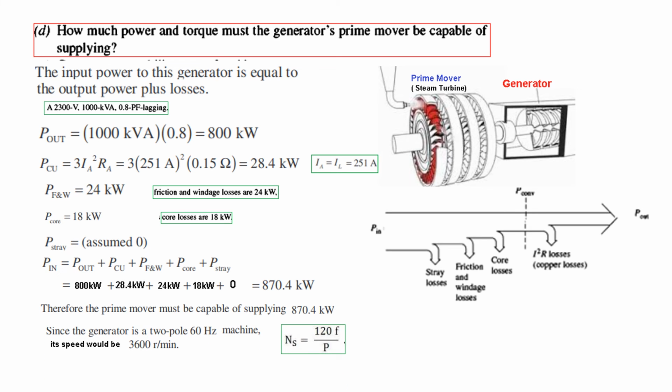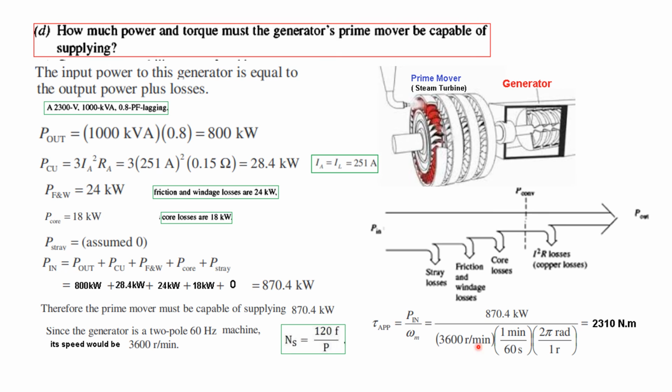Since the generator is a 2-pole, 60 hertz machine, its speed would be 3600 if we follow this formula: 120 multiplied by 60 divided by 2, so it will be 3600 revolutions per minute. And to calculate torque, we will need this value. We know the formula that the torque applied is power divided by the rotational frequency in radians.